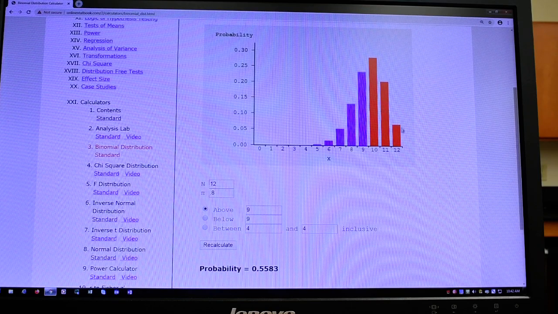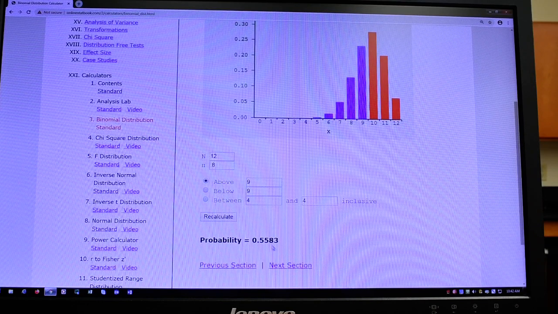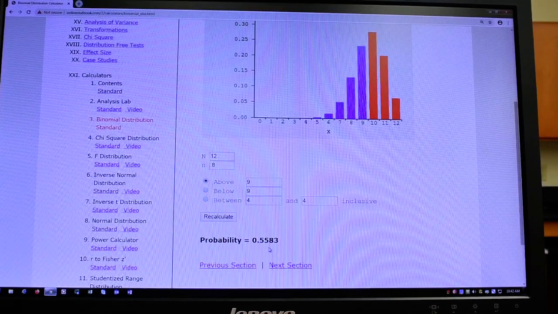Notice that that area is shaded, like 10, 11, 12. So if this coin really is giving us heads 80% of the time, even with 12 flips, we'd have about a 60% chance of showing that. All right? So that shows how you can use a binomial calculator to estimate power.